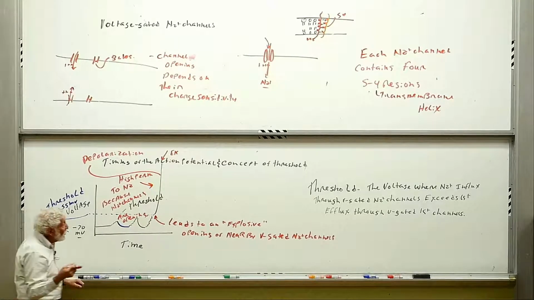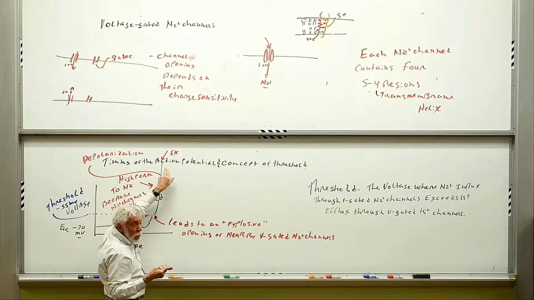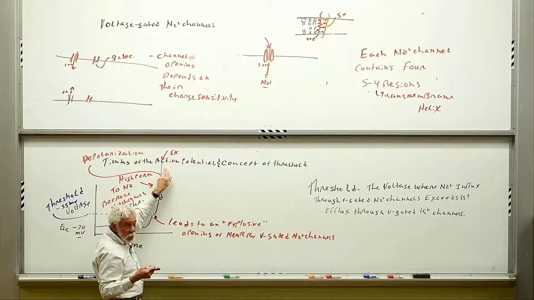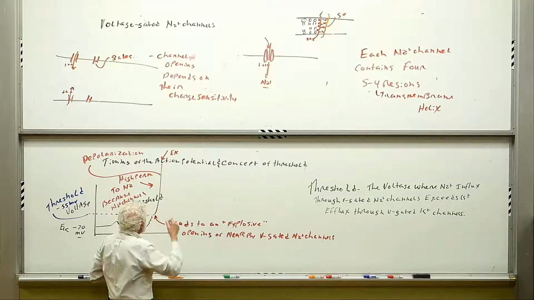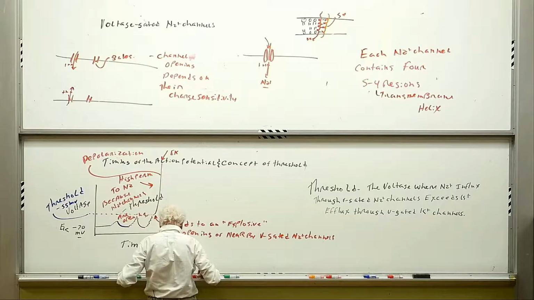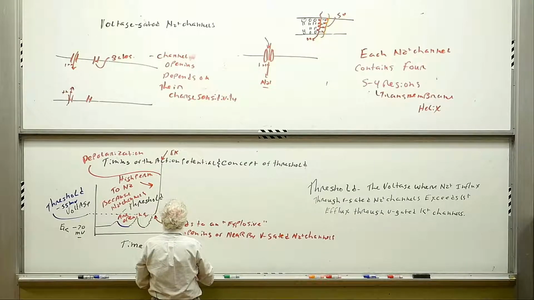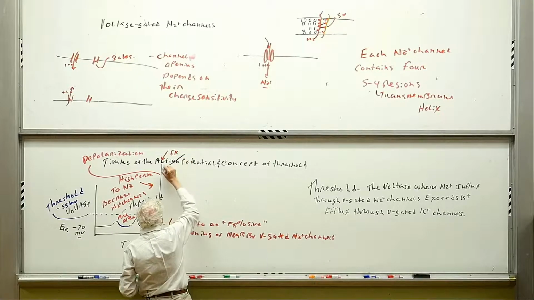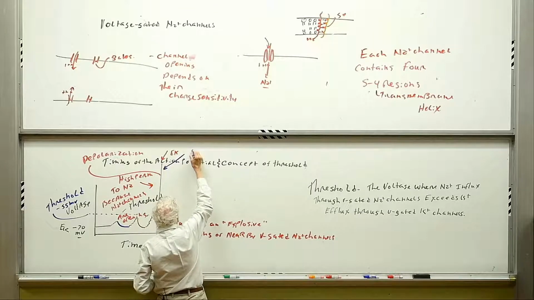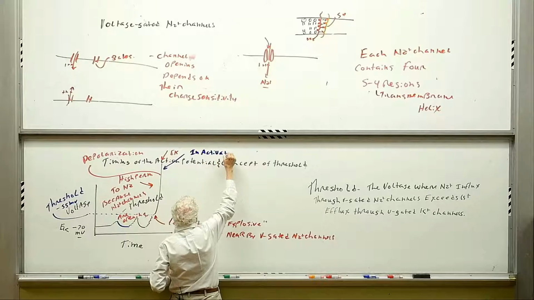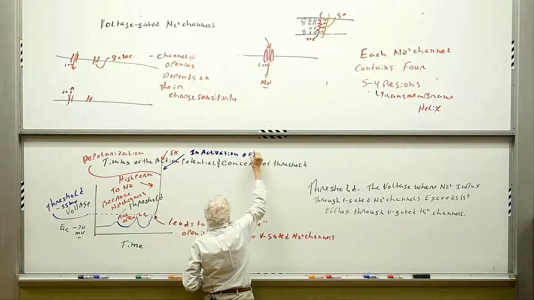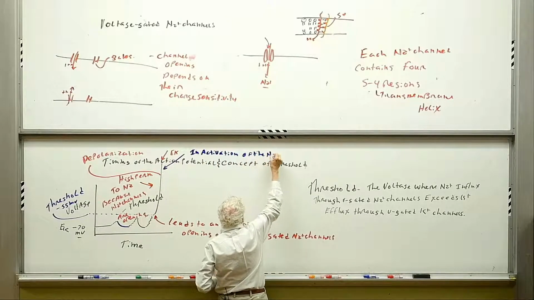Now, from what I've just described, you would imagine that we're going to hang out at the equilibrium potential for sodium forever, as long as those gates are open, and that's true. But what happens near the peak of the action potential is that someplace up here, we begin to see something called the inactivation of the sodium channels.